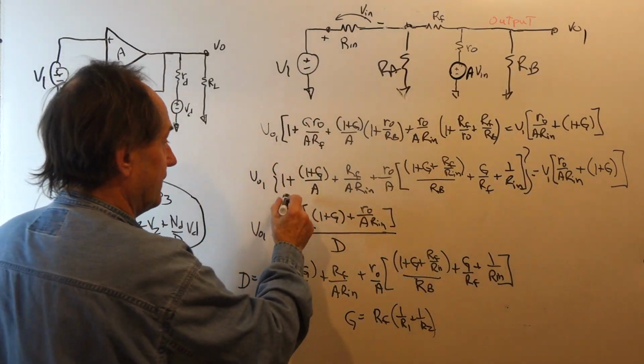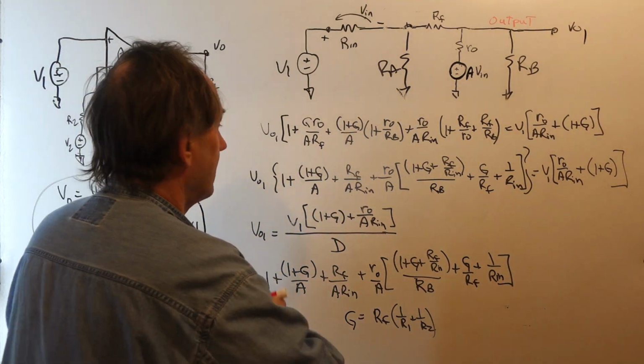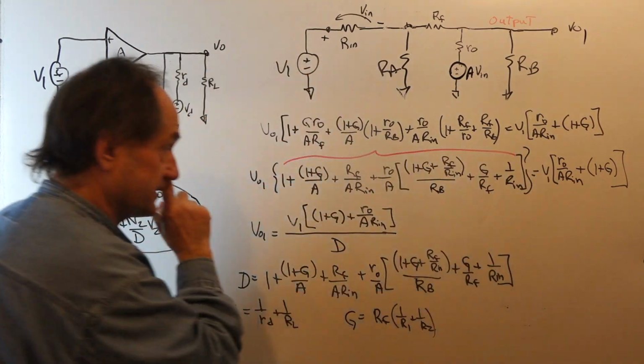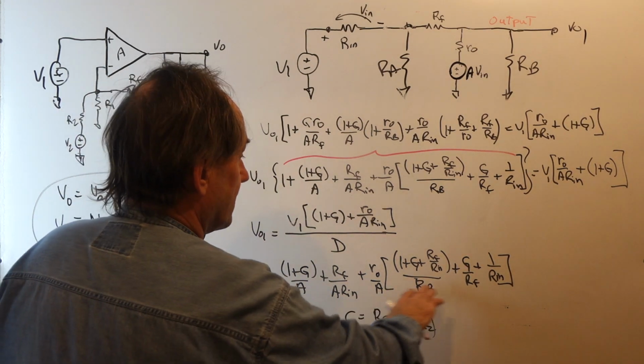Here again we have the denominator polynomial, or what we call the system function. That's our D. I've written this here. That's our D value.